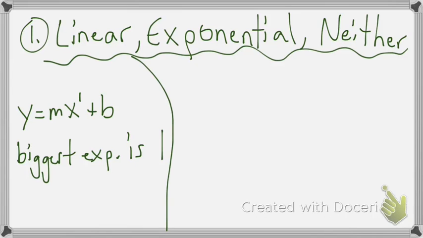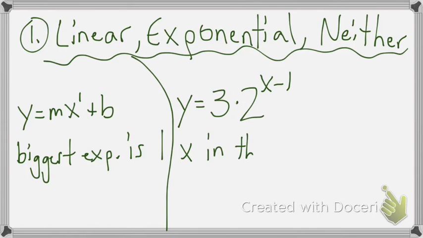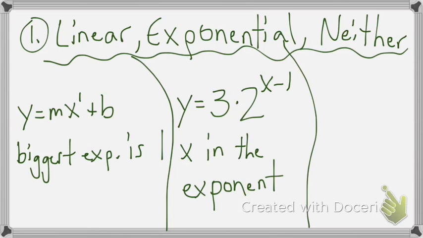All right, exponential equations, they kind of look like that. Another way to remember it is there's an x in the exponent. And then if it's anything other than that, it would be neither.